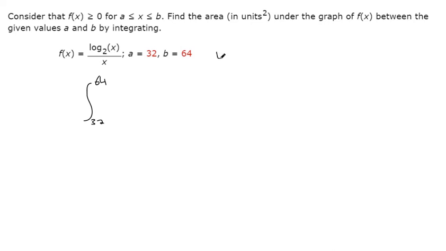If we let u be the numerator, log base 2 of x, then we also need du if we're going to change the variable of integration.